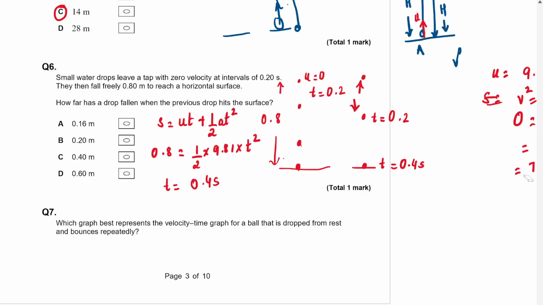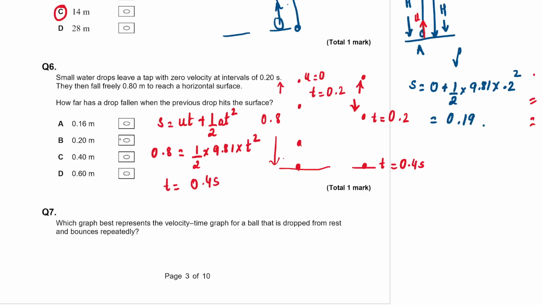We are going to calculate the distance for the middle drop. It has fallen for 0.2 seconds. So initial speed is 0, half times 9.81 times 0.2 squared, which on the calculator is coming around 0.19 something. So my answer is 0.2.